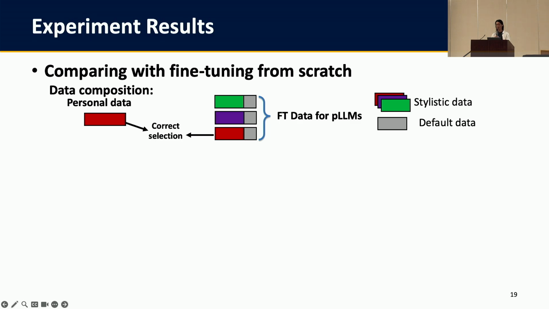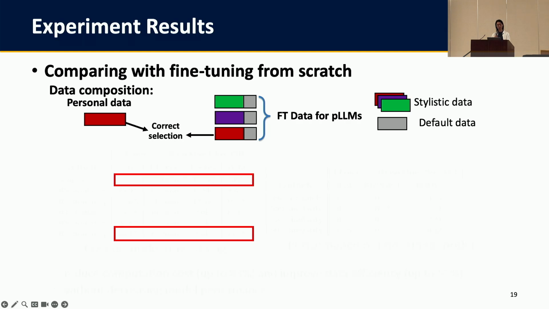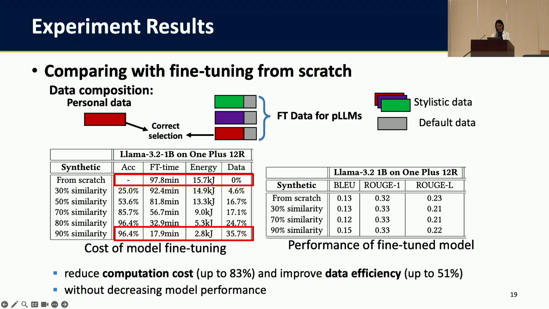In this way, we can measure the similarity by the percentage of stylized data in the fine-tuning data of the LLM. In the right figure, we can find that Expert can achieve high selection accuracy when the similarity is larger than 70%. And thanks to this high accuracy, Expert can significantly reduce the computing cost and improve data efficiency.